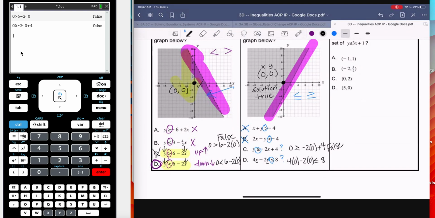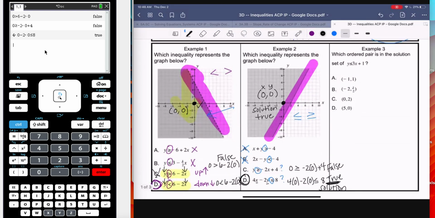And then I'm going to try D. Is less than or equal to 8. And that one tells me true. Therefore, D is my answer because true means it is a solution.